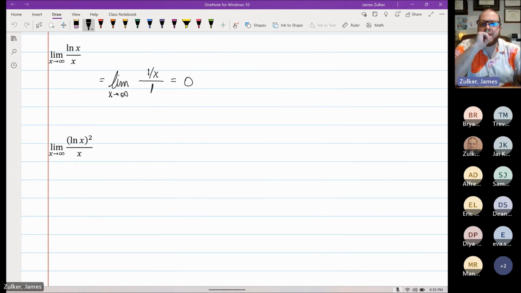Okay, well, what happens if we square log of x? Is that going to change the limit? Let's find out. We still get infinity over infinity, right?